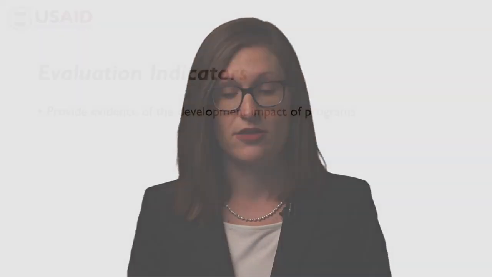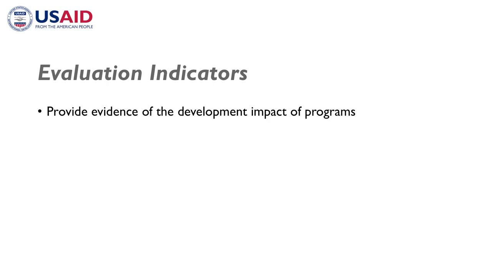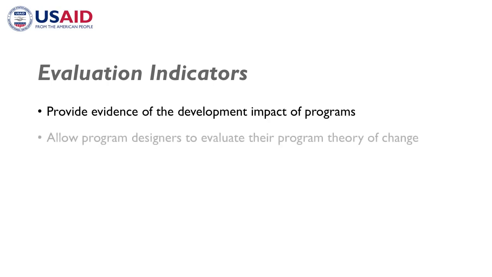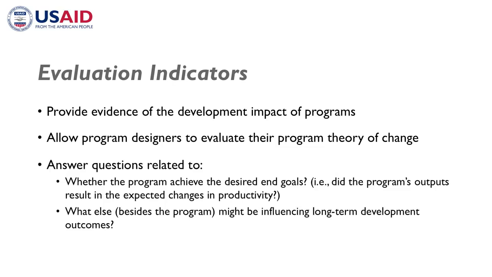Evaluation indicators, on the other hand, provide evidence of the development impact of our programming. They allow program designers to evaluate the theory of change that underlies the program being evaluated. And they help us to answer questions related to whether the program achieved the end goals in the world. So did the program result in improved productivity? Did the program result in improved women's empowerment?